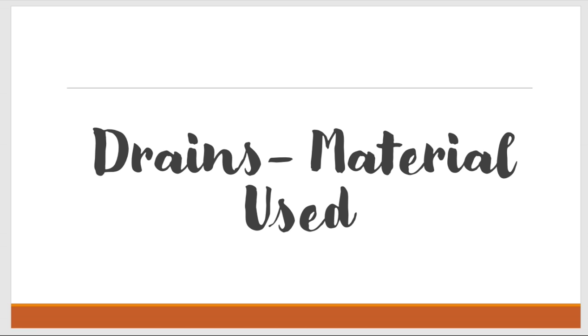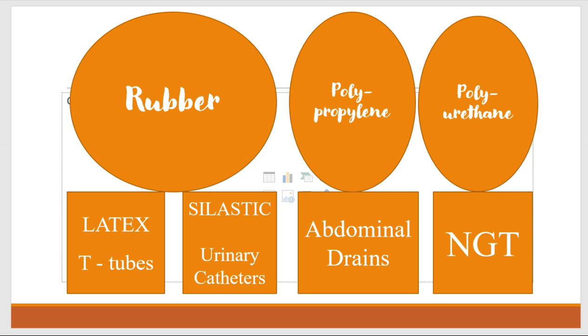So just to go through it, let's see what is there. Materials used for drains. Most commonly, in very simple terms, we can divide the materials commonly used for drains into three groups.